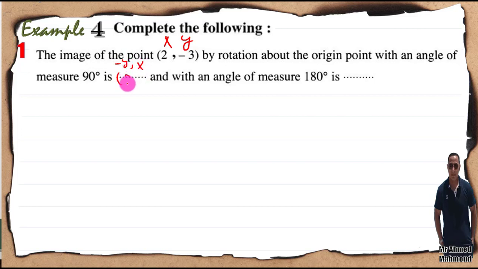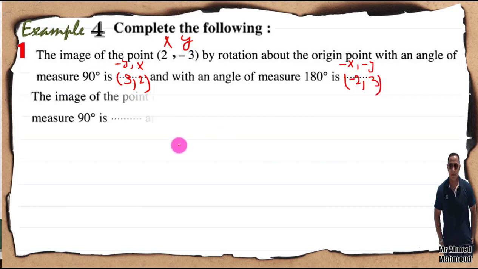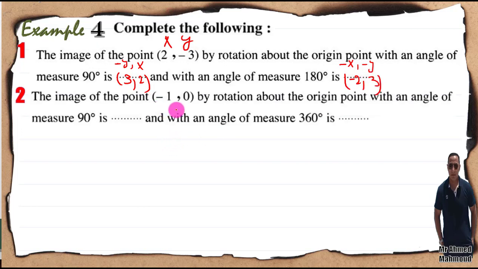So it is positive 3 and 2, and with 180 will be negative x, negative y, so it will be positive 2 and positive 3.